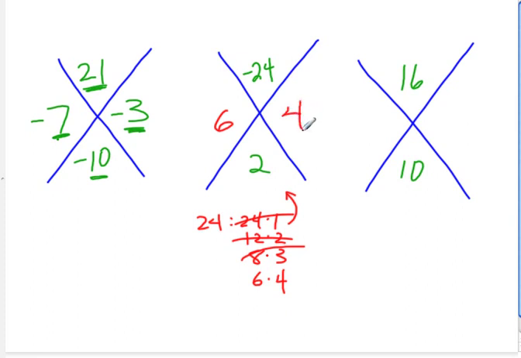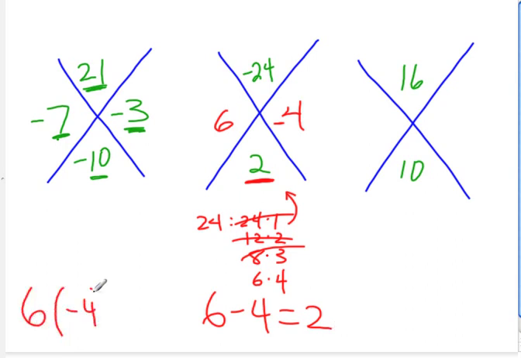So if I have negative 24, that means either the 6 or the 4 has to be negative. But in order to get 2, the 6 has to be positive, because 6 minus 4 equals 2, and 6 times negative 4 equals negative 24. And that works.